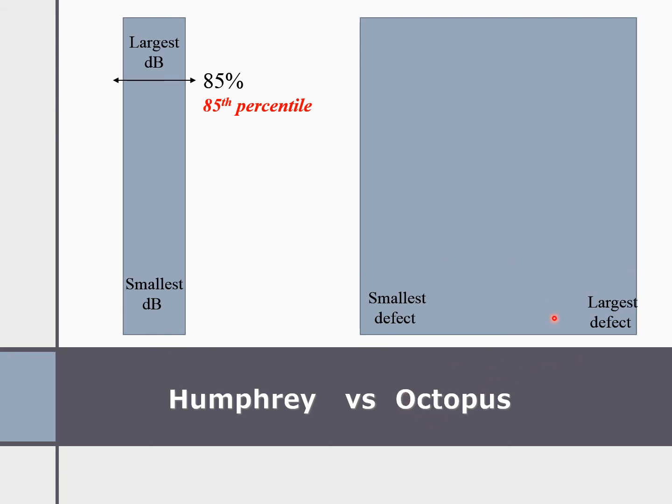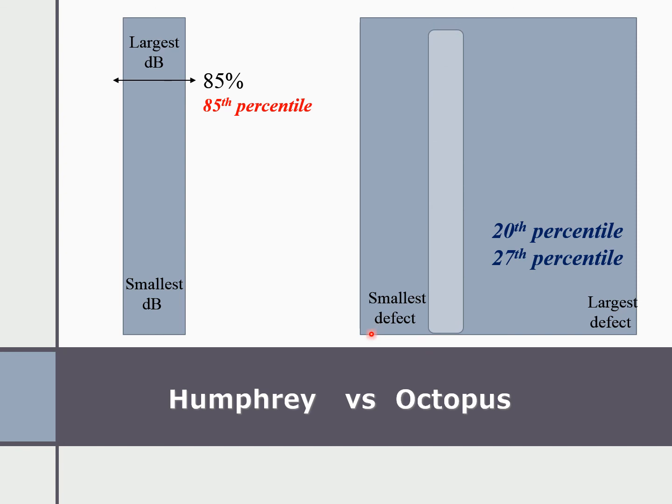In case of octopus, the data are arranged from the smallest defect to the largest defect. That's to mean the highest sensitivity here and the lowest sensitivity there. Then the software goes to this location. This is the zone between the 20th to the 27th percentile. And this is used to adjust the data of the comparison table into the corrected comparison table.